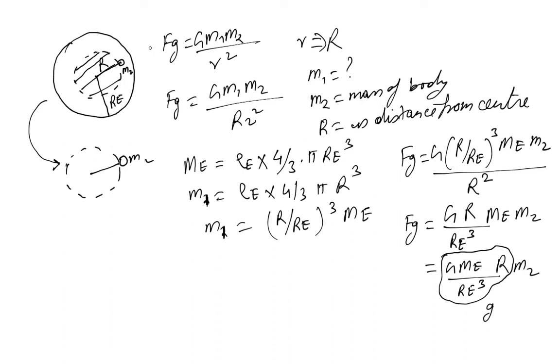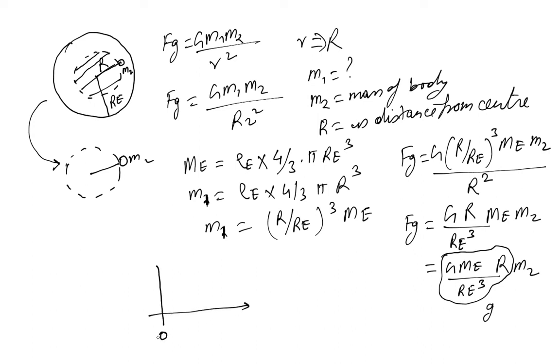So gravity, you see, is changing with R, capital R. As R changes, gravity changes, because R is changing, and this remains constant. G is a constant, Me is a constant, and Re is a constant. So we see here that gravity should actually behave like this.